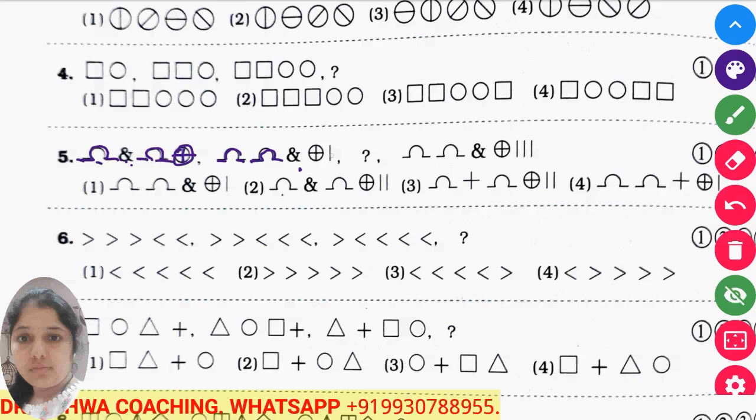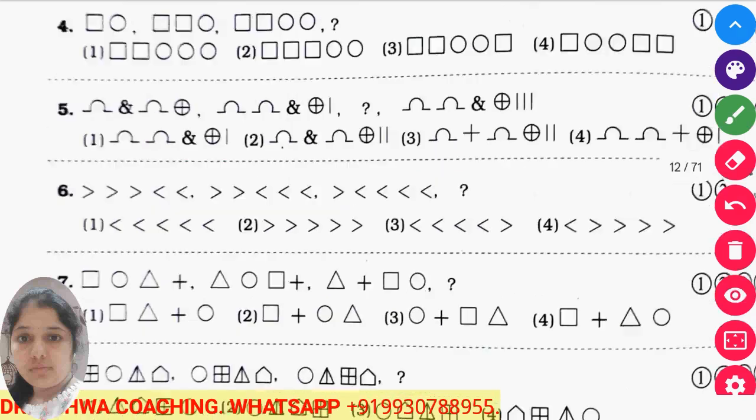They come closer, and one more standing line is added. So here we have to find the pattern, and again the next series pattern is given to you, where the and sign is outside these two signs. So in the answer, this and sign will remain in between the two, so you can get an idea about the answer, and two standing lines will be there because here three standing lines are there. So option number 2 is the correct option here.